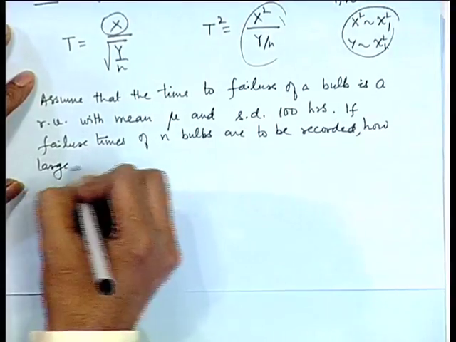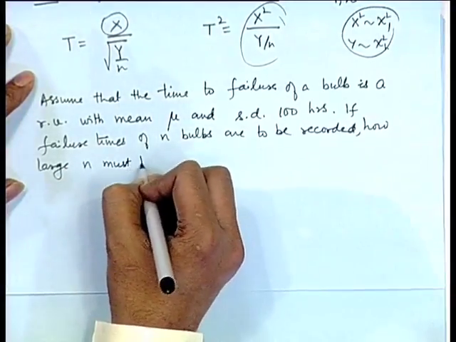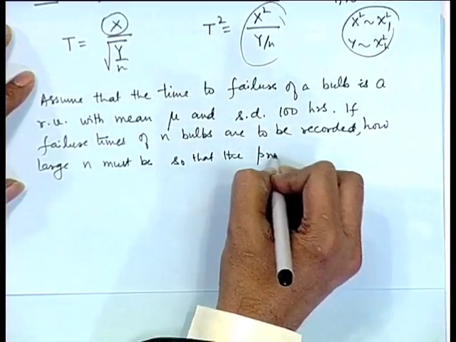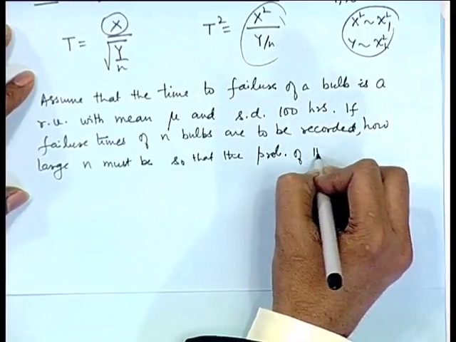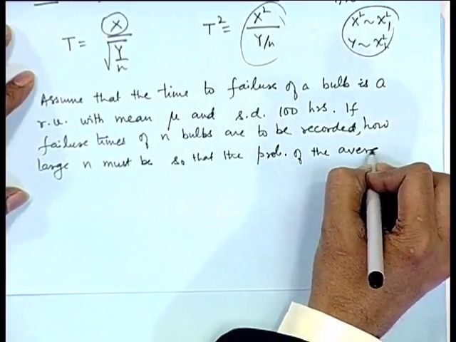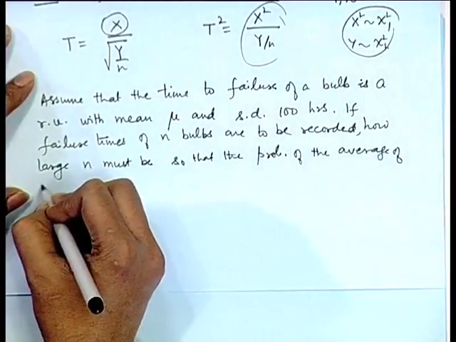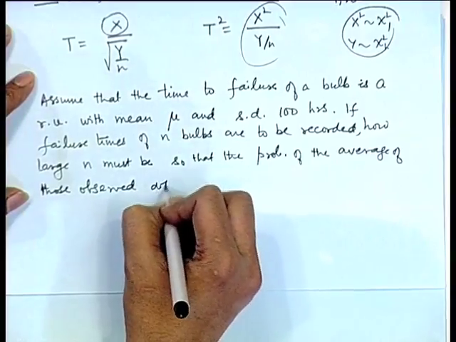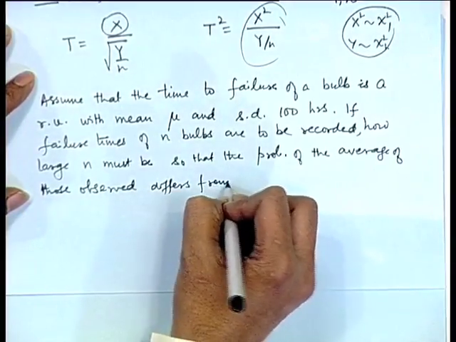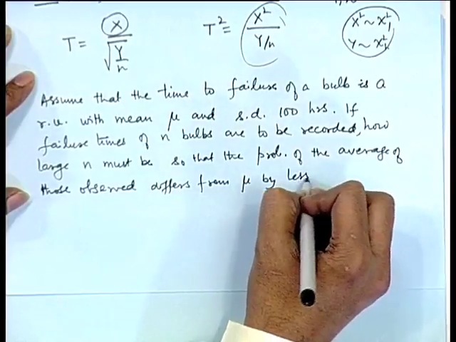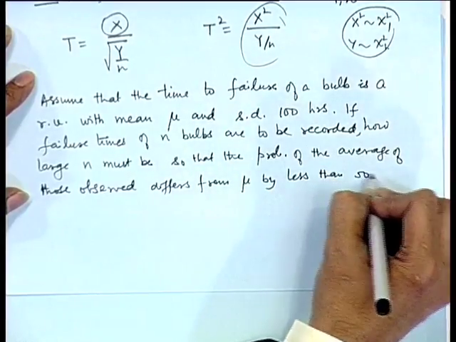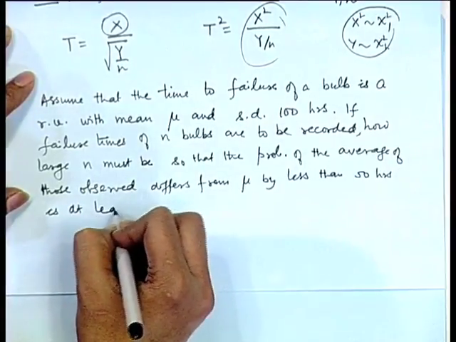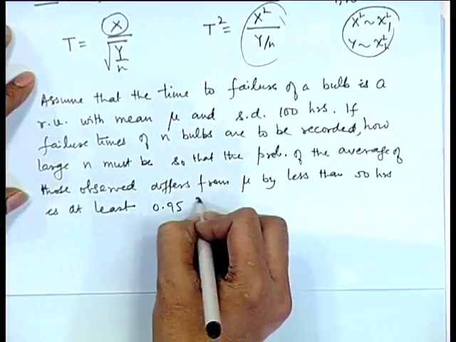how large must n be so that the probability of the average of those observed differing from mu by less than 50 hours is at least 0.95?